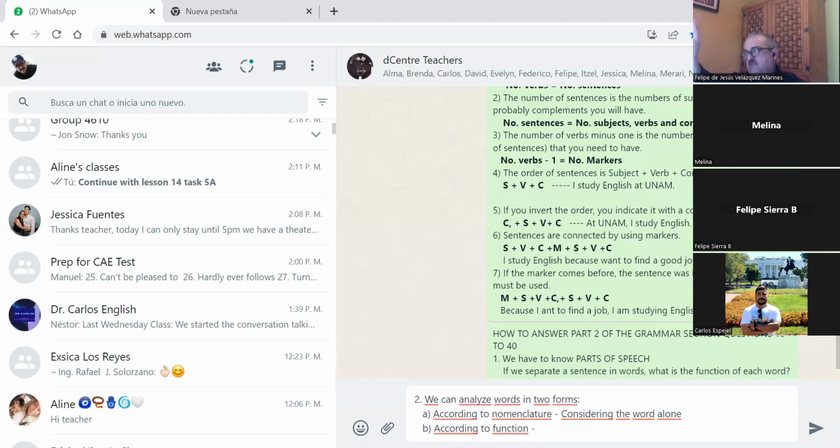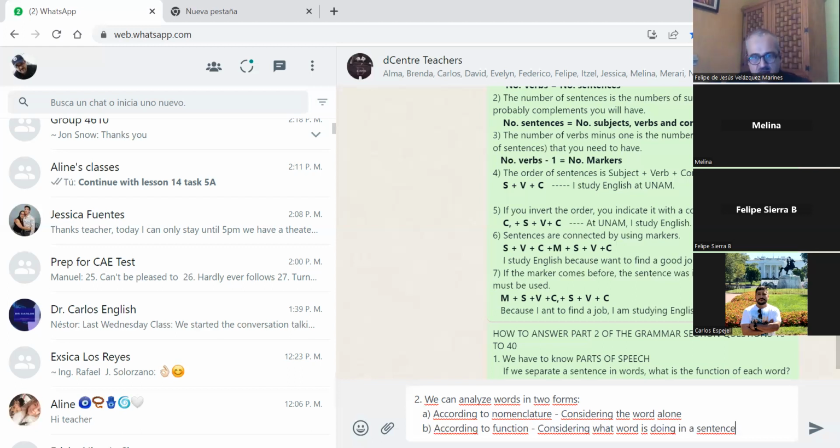Verb. The others are other uses, but normally we go to the general use. According to function, considering what the word is doing in a sentence, so in context.